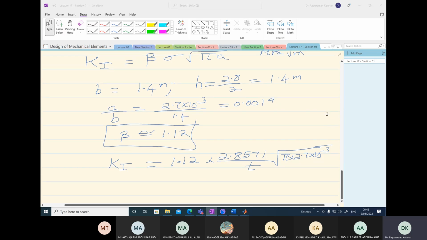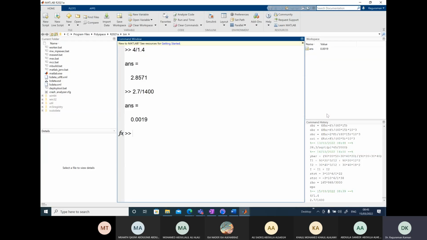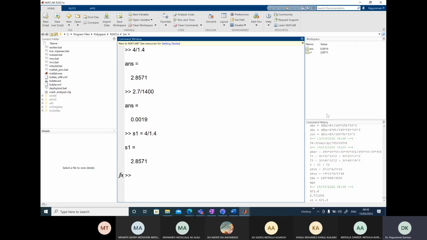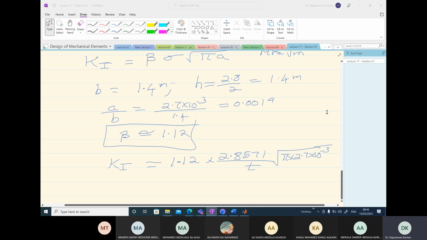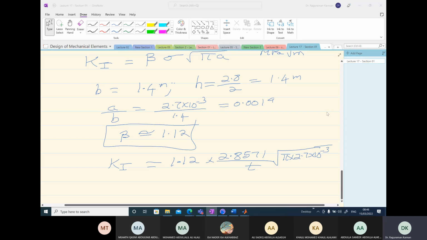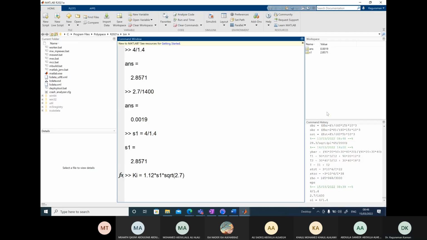Let's calculate the value for this. 1.12 multiplied by 2.8571 multiplied by square root of 2.7 pi over 1000.